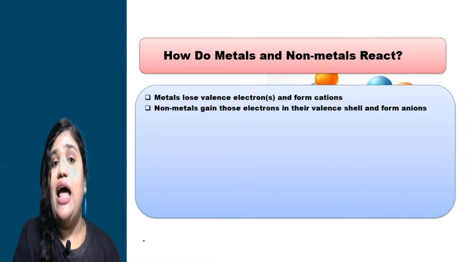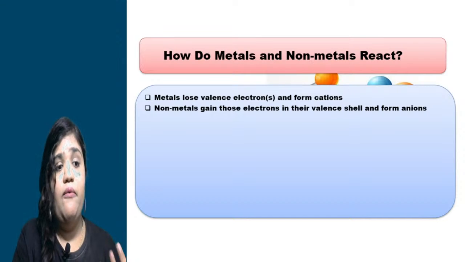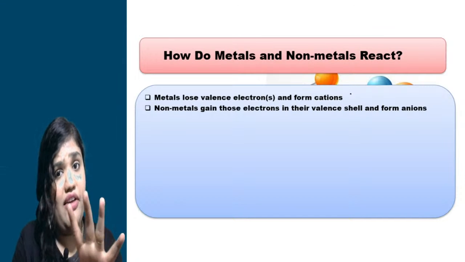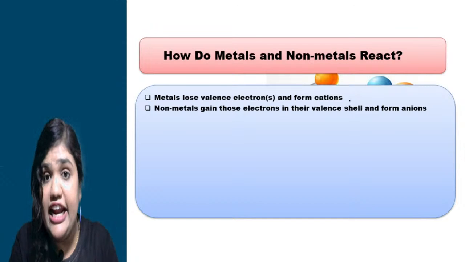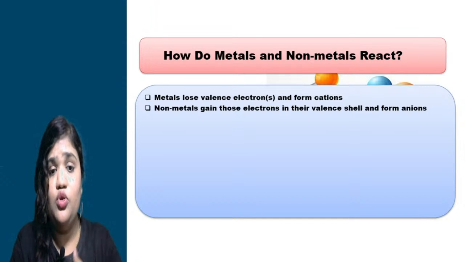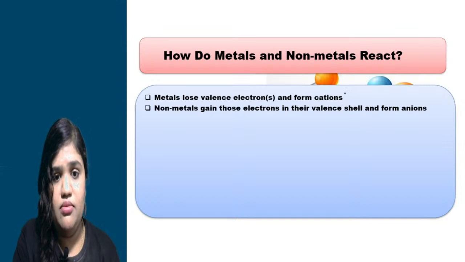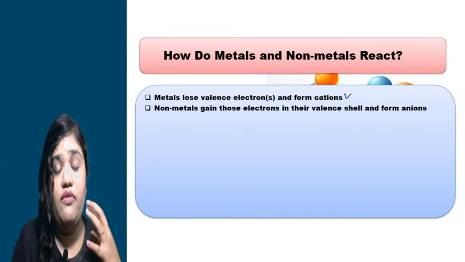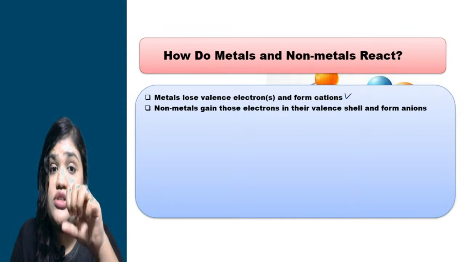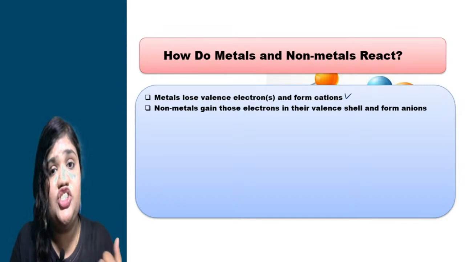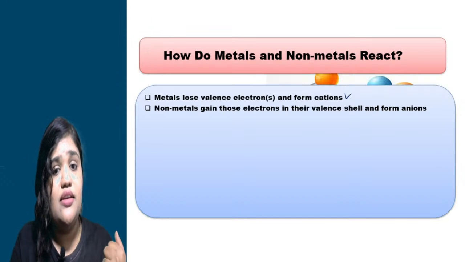As you can see on your screen, metals lose valence electrons, that we have studied earlier, right? Metal loses electrons to form cations. The same thing we are going to use here, and non-metals gain those electrons in their valence shell and form anions.